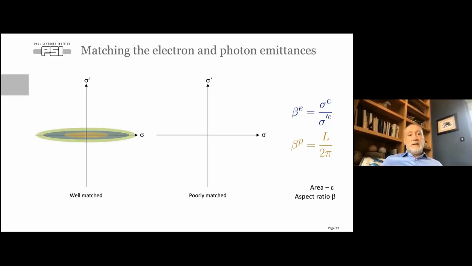And if we look at the opposite case, for example, if it were to be like this, then we can clearly see that the total emittance is much larger than in the left-hand case. Okay, so what we really need to do here is consider what the beta function is at a particular point to best match the radiation which we want to produce.